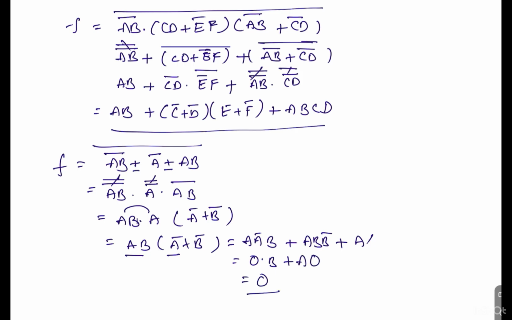So the final is 0. The reduced version of this one is 0, right? And like this we can take any example and simplify, or we can apply De Morgan's theorem for solving a Boolean expression.